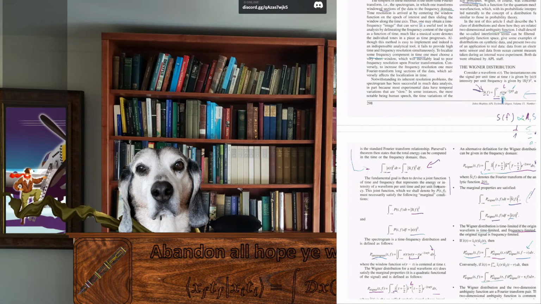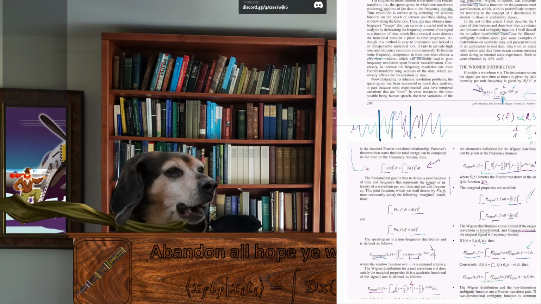So the fundamental goal is to devise a joint function of time and frequency that represents the energy or intensity of a waveform per unit time per unit frequency. Ideally, you have some signal that's changing over time, and you want to know, at this time scale, what's my frequency content?